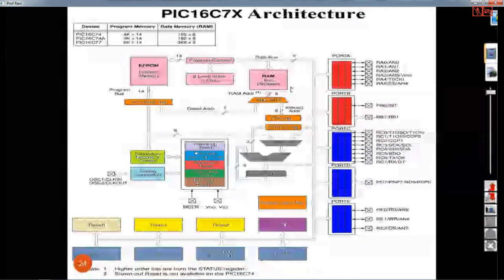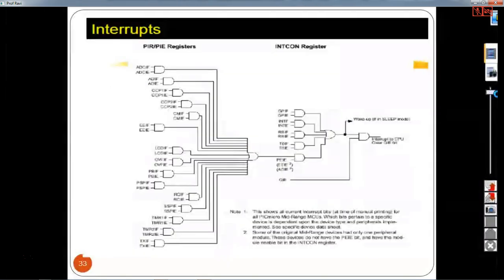Alright, so now these are the interrupt features. The port pins, now here, the important point is how to make the PIC controller pins as input ports and how to make them as output ports in programming, which I'll discuss later.